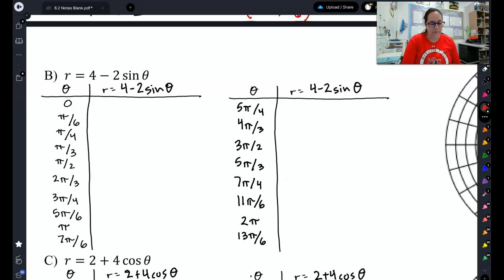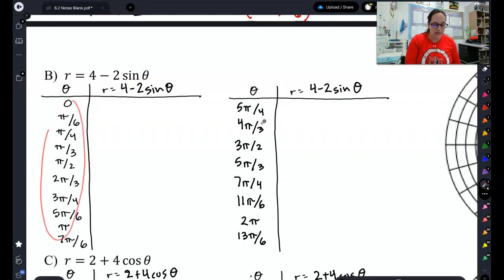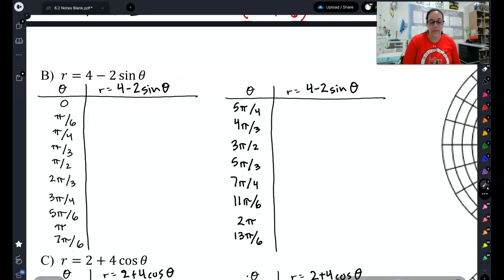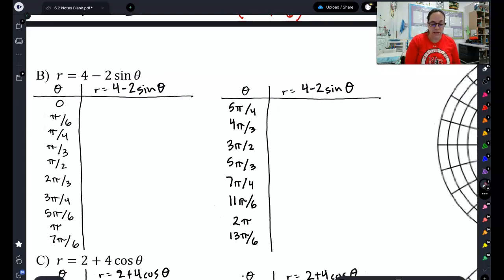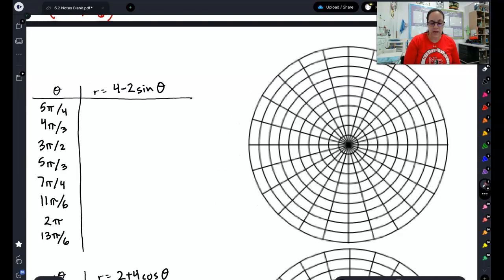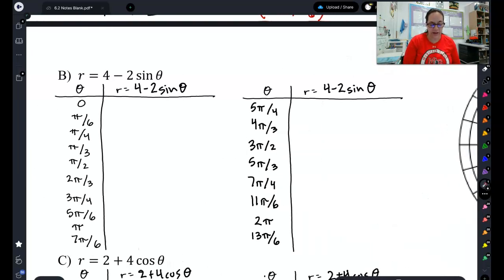Then you're done. Here's our new equation, 4 minus 2 sine of theta. So you're going to take all these radians, plug them into your calculator into this equation. Make sure you're in radian mode and make sure you get decimal answers. Then you're going to take all the points that you get from these t-tables and graph those points here to see what the graph looks like.